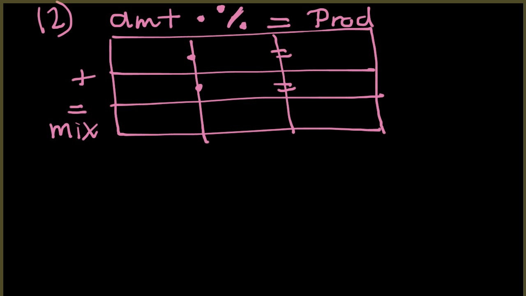It says solution A is a 10% alcohol. 10% would be 0 and 1/10. Solution B is a 60%.